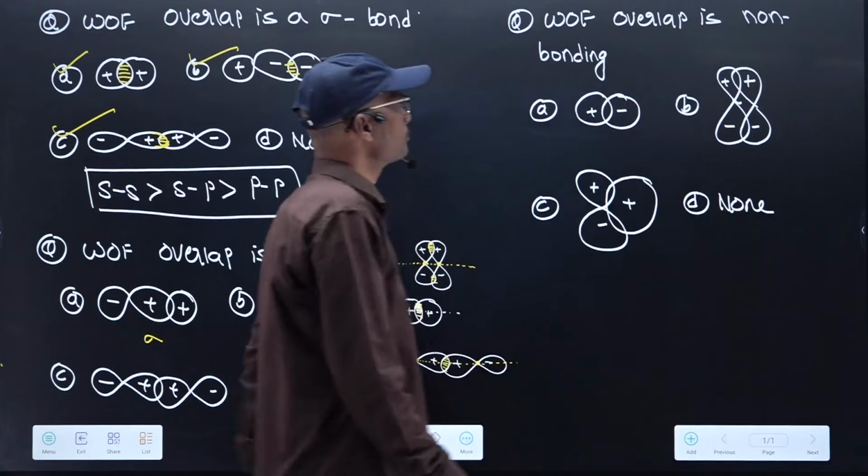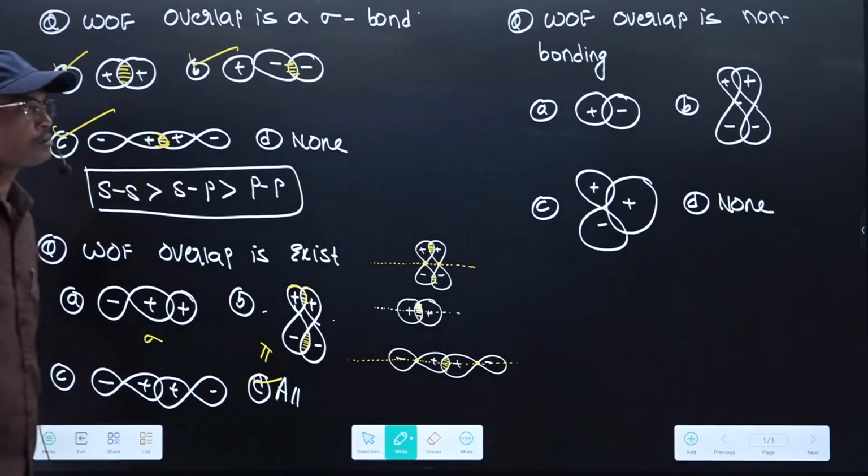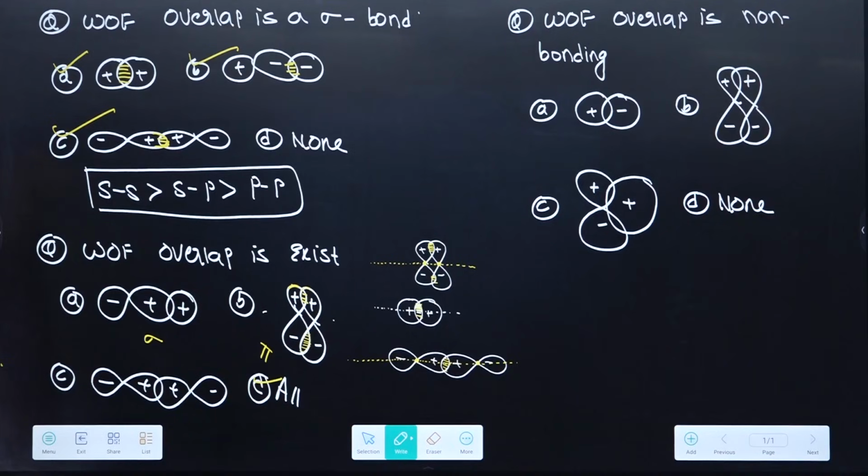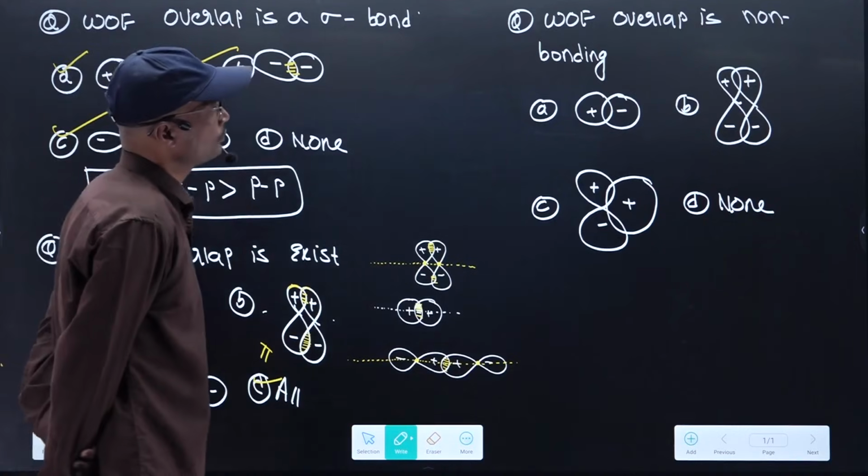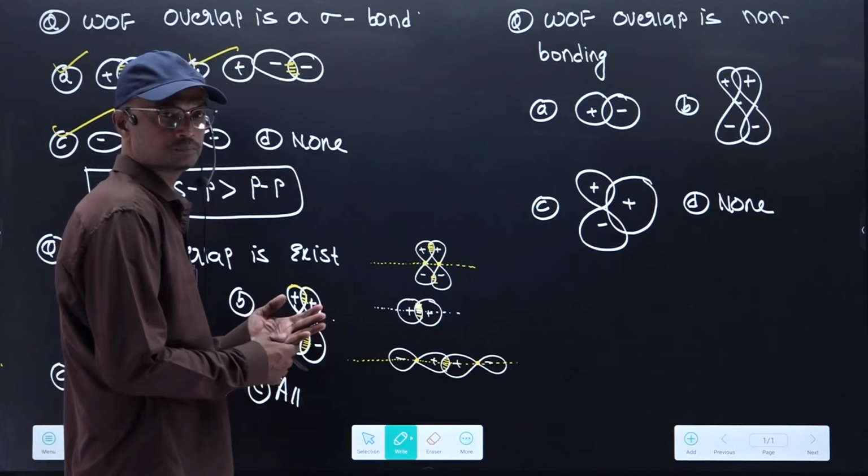None. Which of the following overlap is non-bonding? Which is a non-bonding overlap?